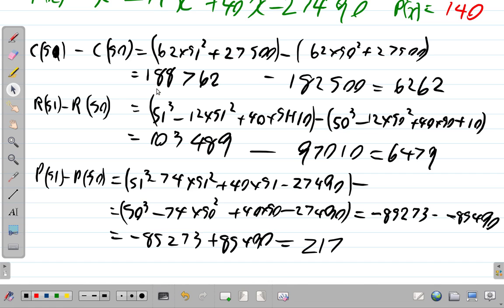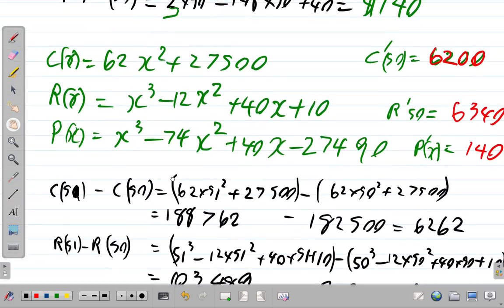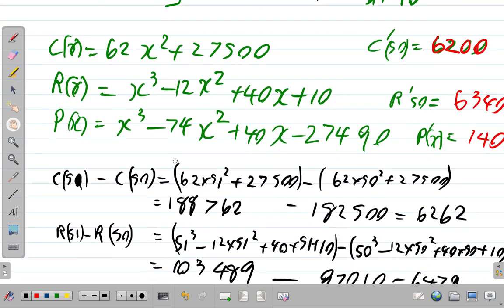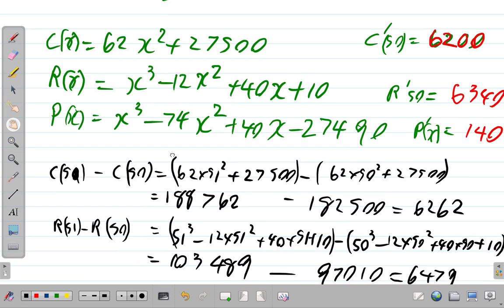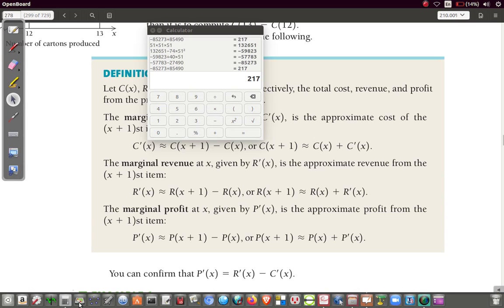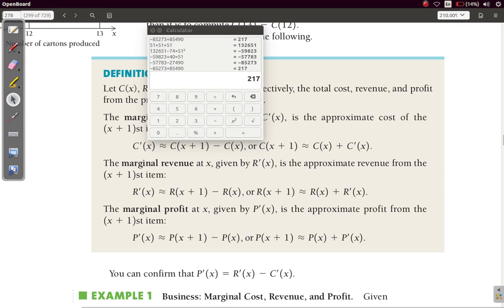Now, let's look at, for example, the cost function, 62x squared plus 27,500. Right? Let's look at using our graph to do it.